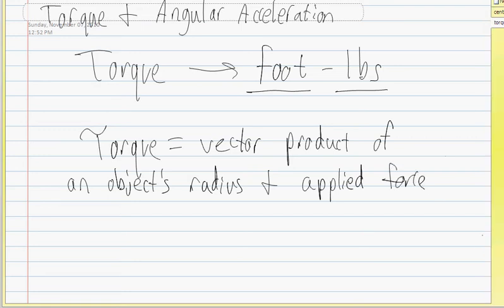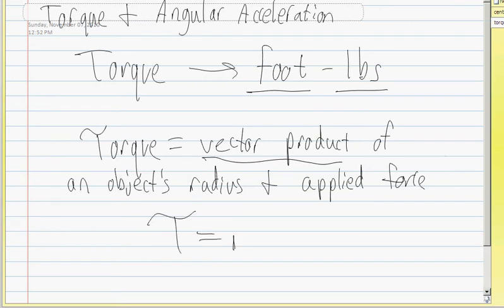And we'll talk about why it's a vector product in just a second. I want to point out that it is a vector, which means it's a cross product. So the actual symbol is R cross F. And again, it's a vector.